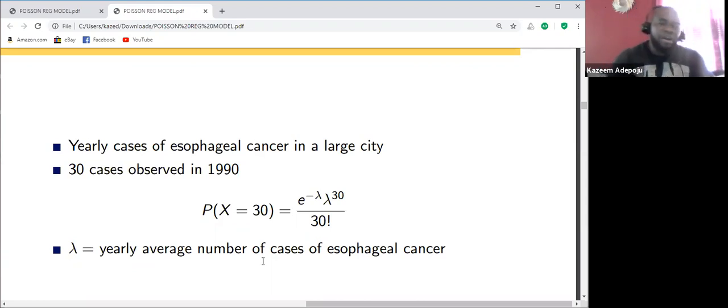And that is why some of the countries or some of the states are not getting things right right now in the case of COVID-19: they're not able to get the accurate incidence rate of the disease.